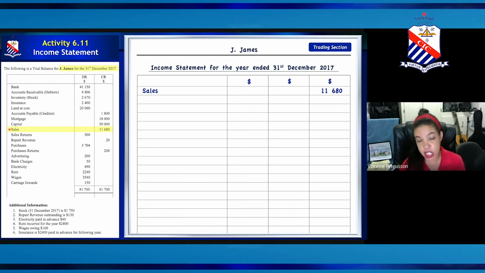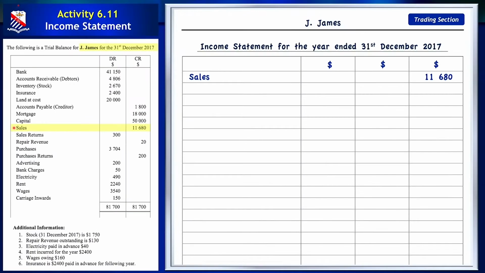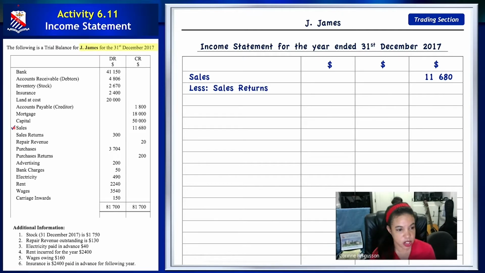What is the next thing in your format? Sales returns, less sales returns, or return inwards. So your sales returns, you look into your trial balance, and right under sales you see that we have it as sales returns. How much is it? 300. So you just plug it in, and remember to always put your brackets. Brackets signify in your accounting language that you are going to subtract something.